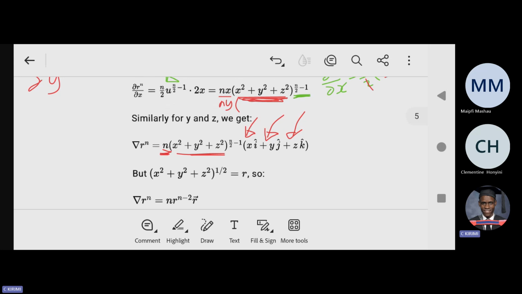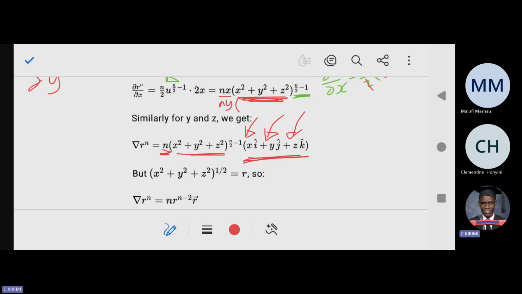So if it's equal to r to the power half, how did we manipulate this statement? What is this in terms of vectors? It is r with an arrow on top. This is the one which we are going to multiply. N is already there outside. Can you see N?